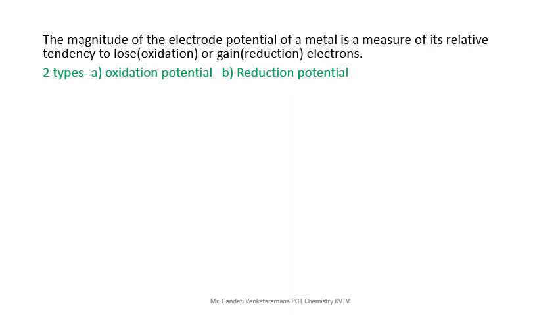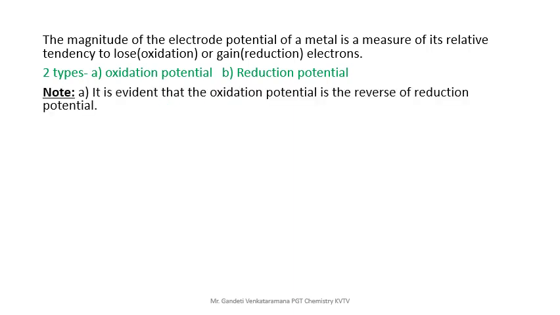The potential which arises due to oxidation we call oxidation potential, and the electrode potential which arises due to reduction is called reduction potential. I need not explain again what is oxidation and what is reduction.